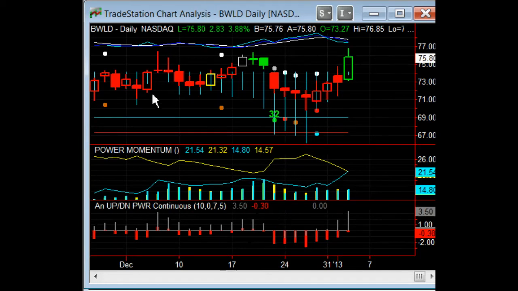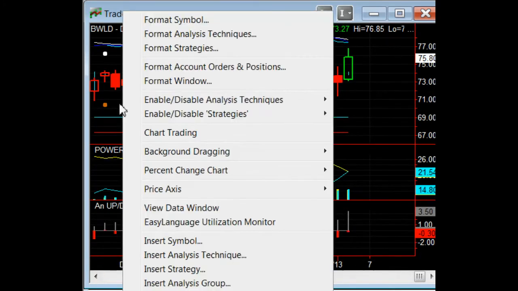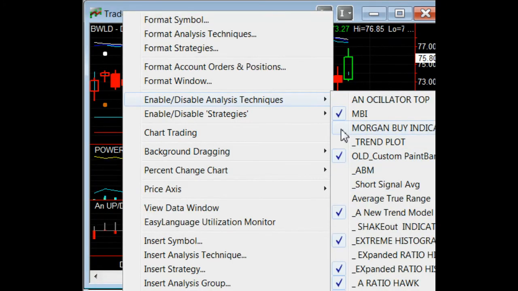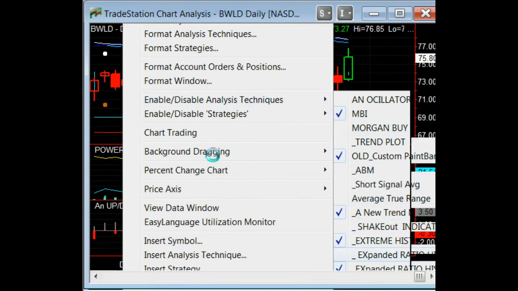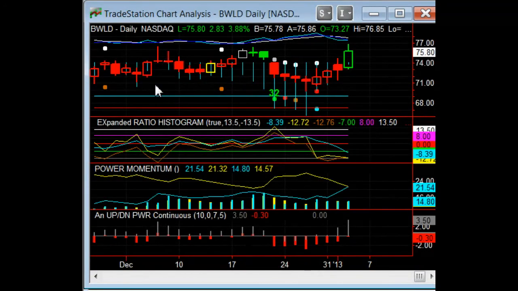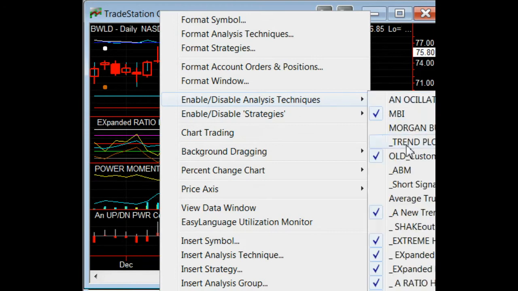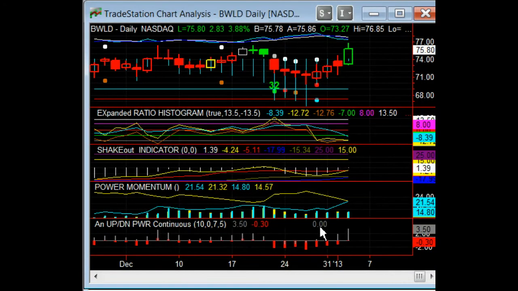But let's add in a shakeout indicator and the expanded ratio histogram. Alright, so expanded ratio histogram right there, and shakeout indicator. That puts them all back in. So you can see, no concern here with your shorts in relation to buyers in this particular case.